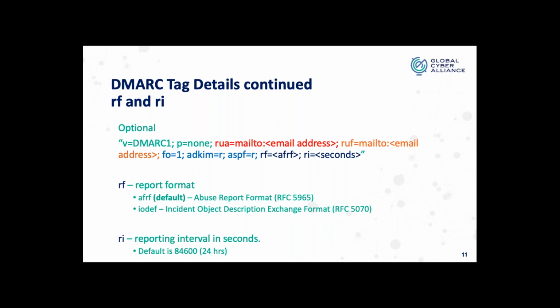It's not exactly 24 hours that you're going to get it. It's going to be within a 24-hour time frame, and the report that you receive will give you an aggregate of the information within that 24-hour period, or whatever period you define. So be careful with that RI tag. Just remember that it is in seconds if you choose to use it.